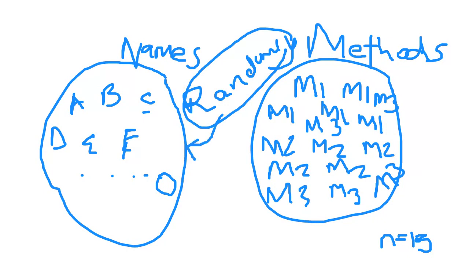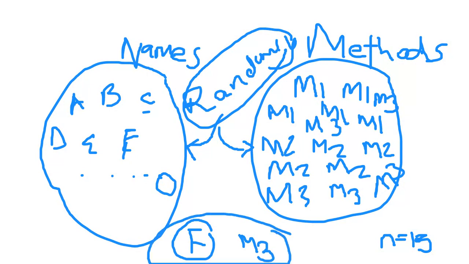Assuming that the name we select is Fanny, represented by F, Fanny will move to the other jar. We shuffle. Let's say we come up with method 3. So Fanny will be assigned to method 3.